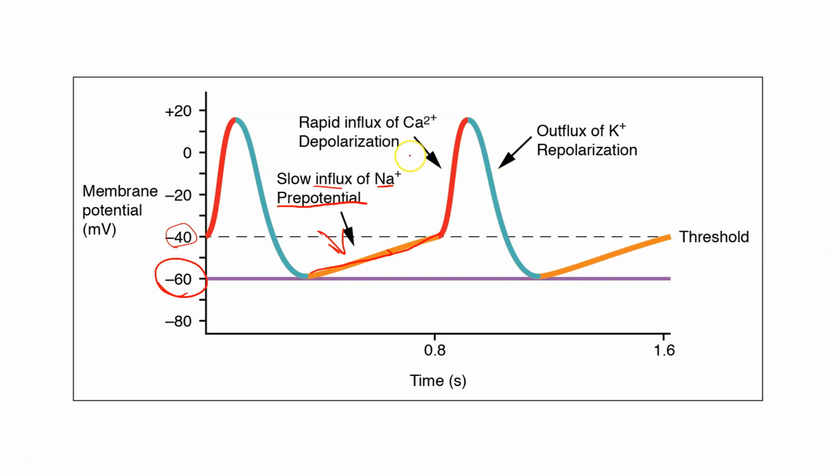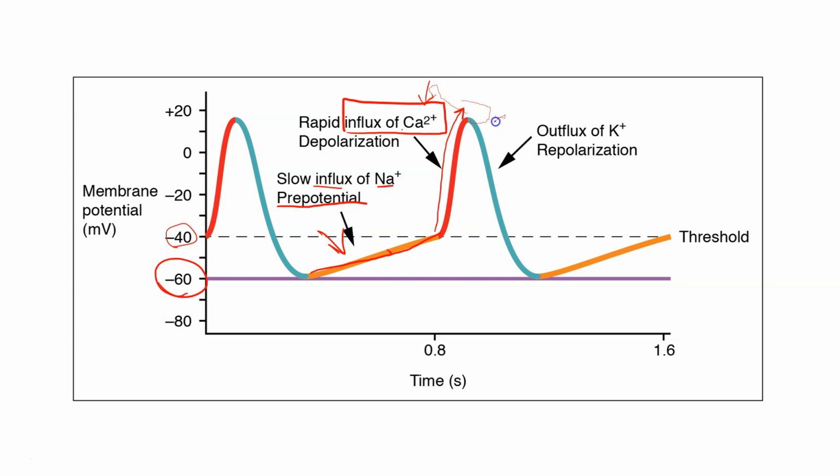The other big difference is that the big depolarization that happens in a myocardial conducting cell results from the influx of calcium. In a muscle cell or a neuron, that influx is due more to sodium. So calcium plays a more special role when we're talking about heart cells.